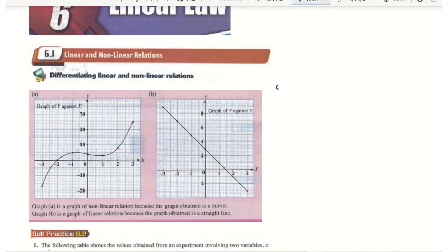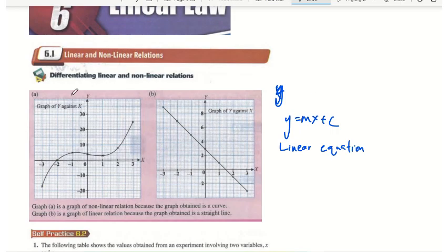The linear law that you have learned before is, for example, y equal to mx plus c, which is one example of a linear equation, that you have learned since lower form.